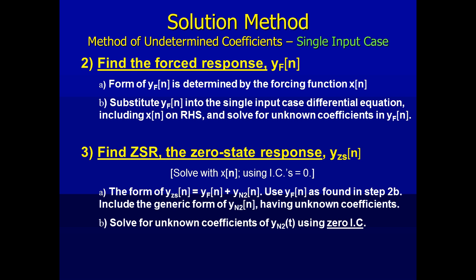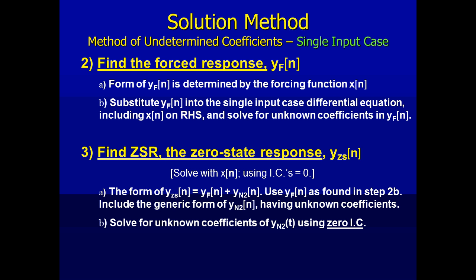So we could call this yn2 of n. That's a 2. Here's a piece of the natural response in the zero input response. Here's another piece of the natural response as part of the zero state response. Here's the forced response. That's all in the zero state response.